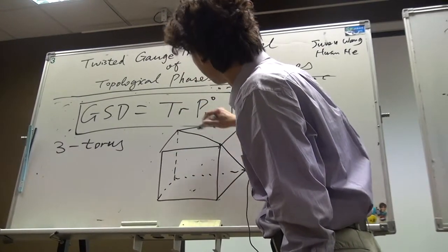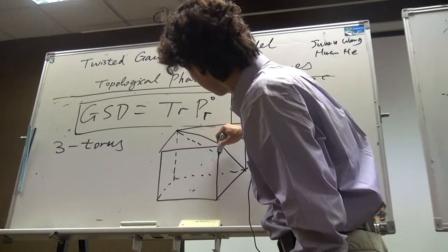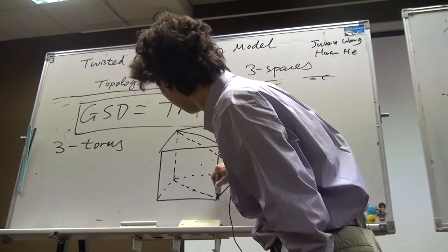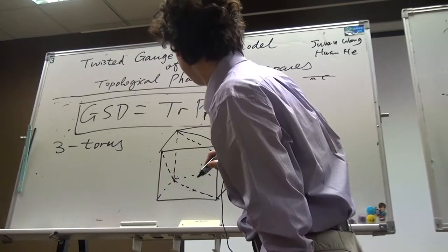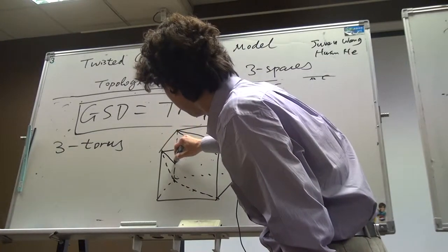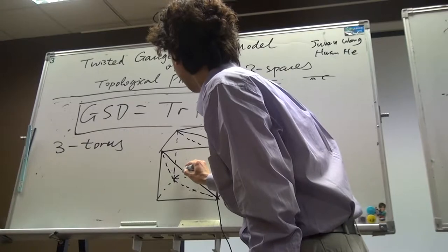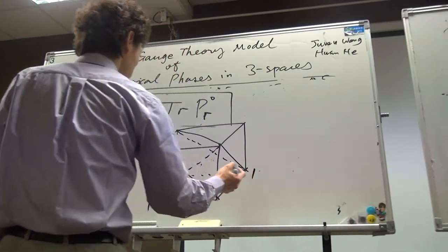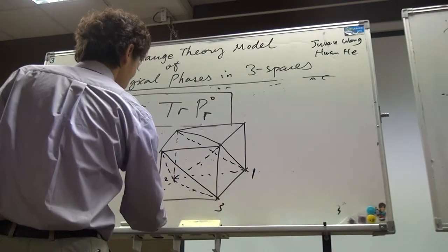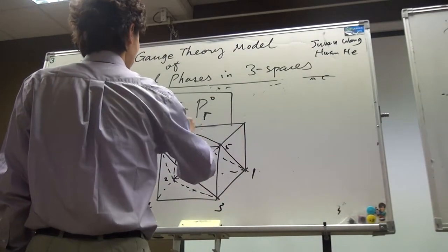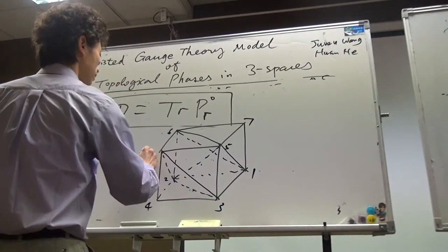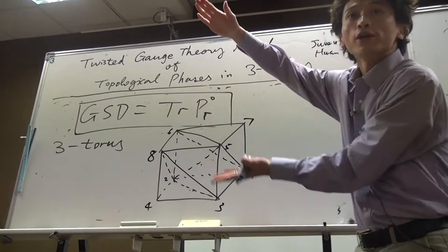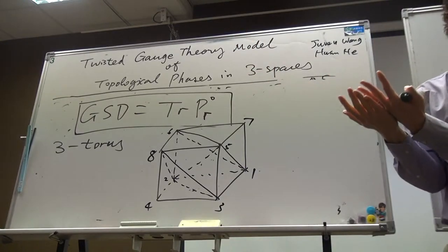Triangulate it. Then it's supposed to be like here, here, here. These two, 1, 2, 3, 4, 5, 6, 7, 8. Okay. If you identify the opposite pairs of planes, you get a 3 torus.